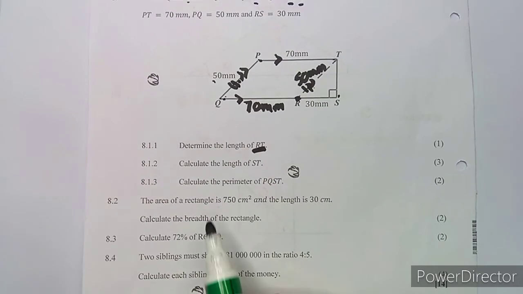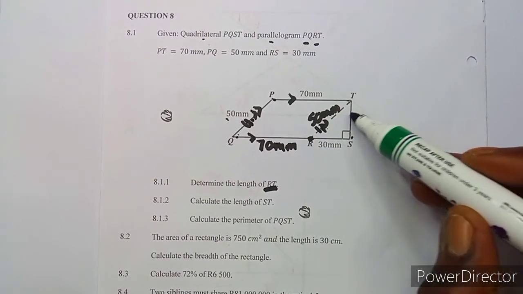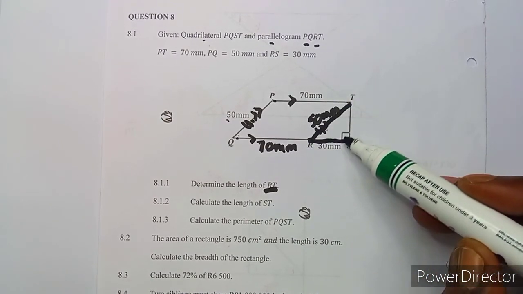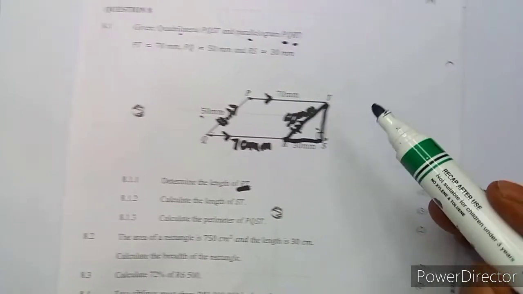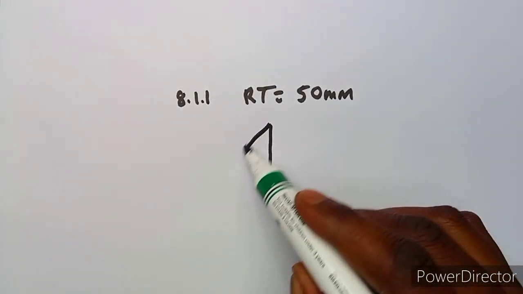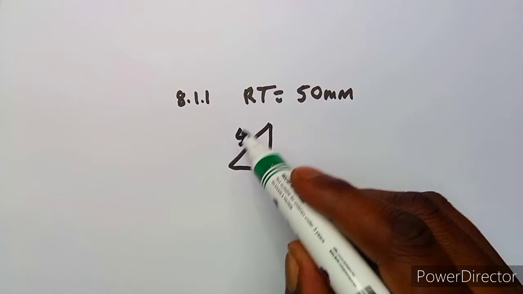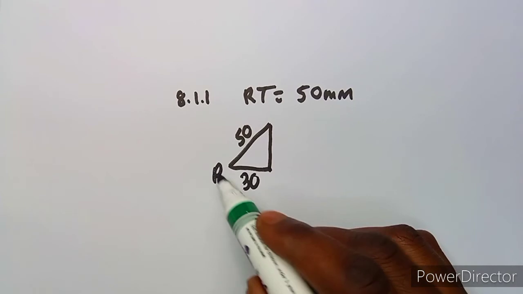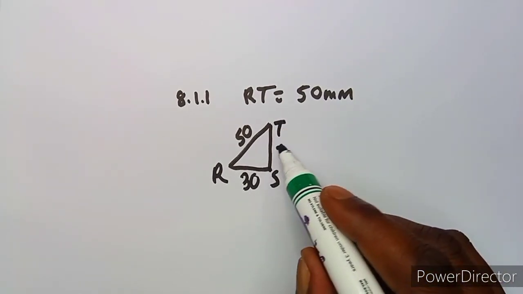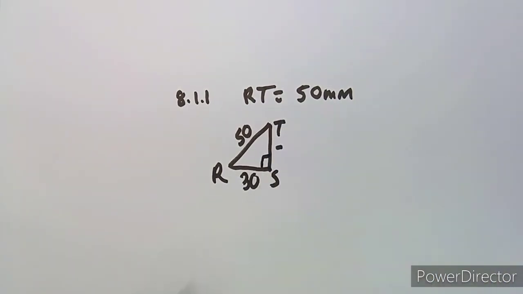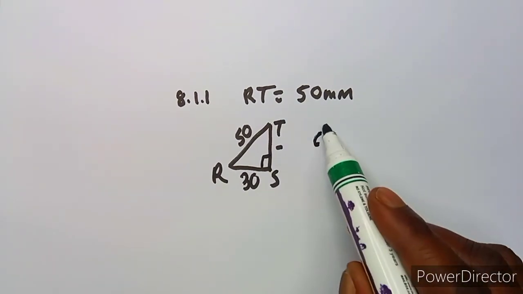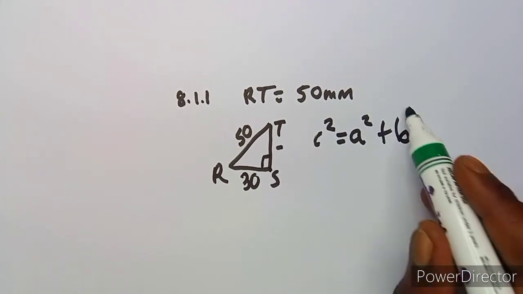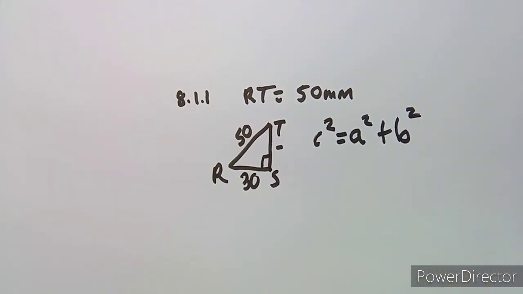Okay, we move on. Calculate the length of ST. This is your ST here. As you can see from this section, this is a right angle triangle that is given, so we can use the concept of right angle triangles. We are given 50 millimeters and 30 millimeters, and this is your R, this is your S, and this is your T. Remember Pythagoras theorem, c squared is equal to a squared plus b squared, which is given in your formula sheet.